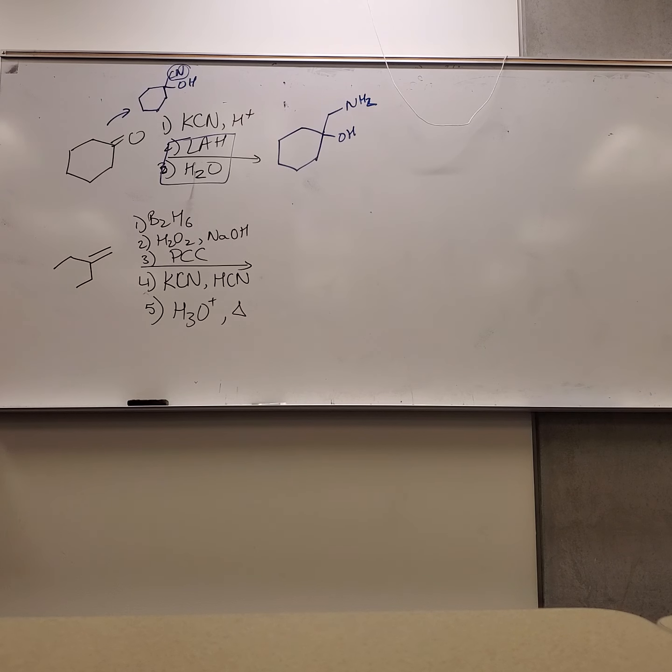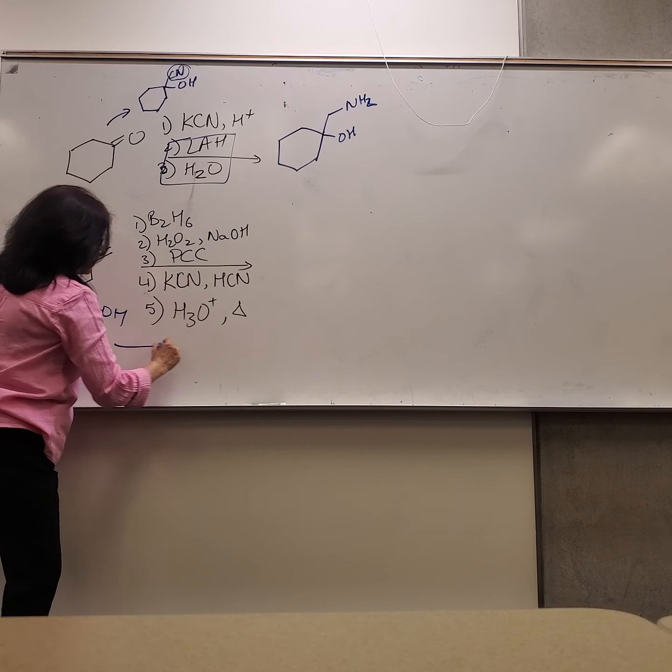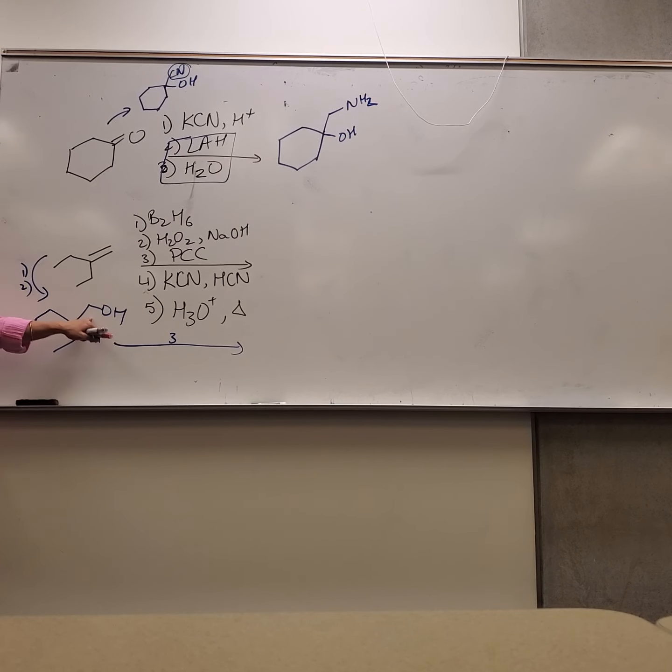First step, it becomes a primary alcohol. Then KCN, cyanohydrin? No, not yet. What about step 3? PCC turns it into a ketone. No, it's a primary alcohol.